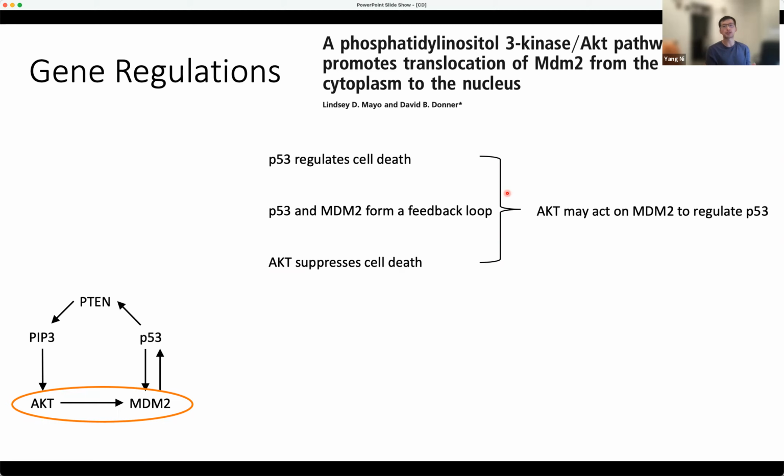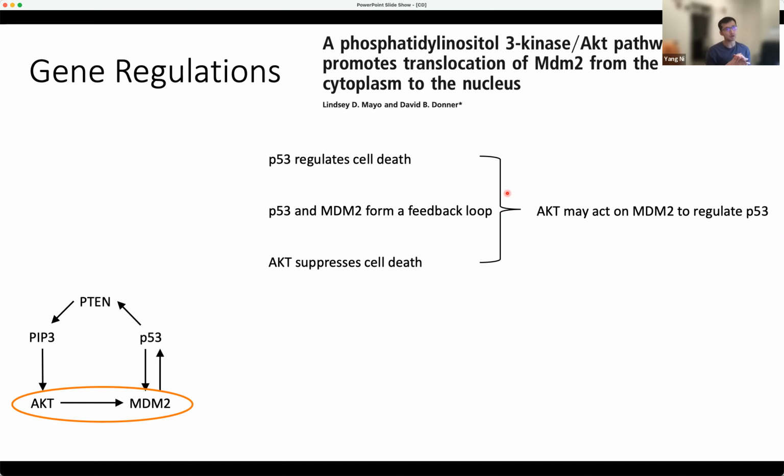The way they generated this causal hypothesis to begin with is based on these three pieces of information that they knew. This way of generating causal hypotheses obviously requires a lot of biological knowledge, so in this case, we need these three pieces of information so that they can come up with this hypothesis.